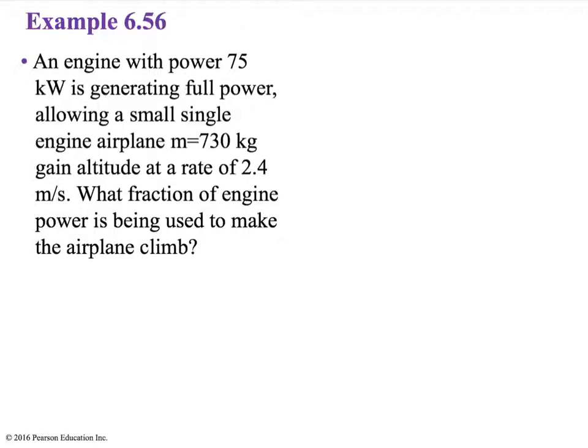So here, if we think of our little airplane flying along, we're exerting a force upward that's going to have to be equal and opposite to its weight. So that's the force that we're going to apply, and the rate that it's climbing is the velocity.